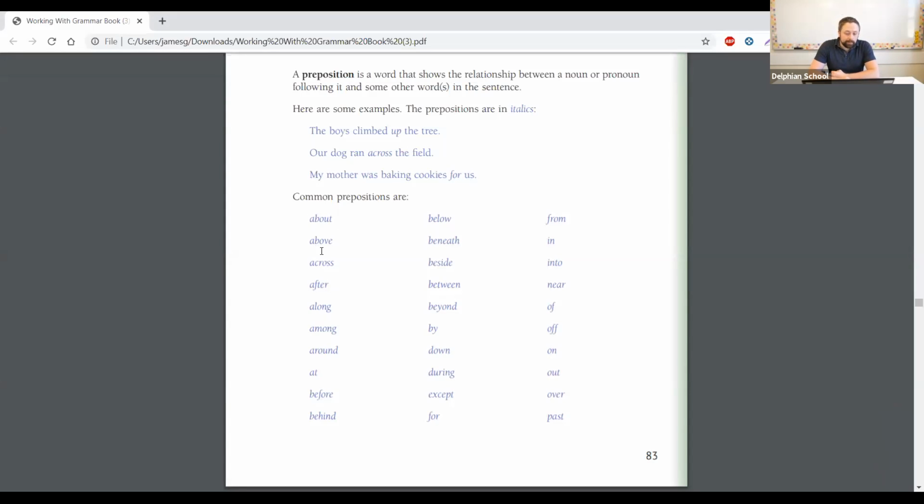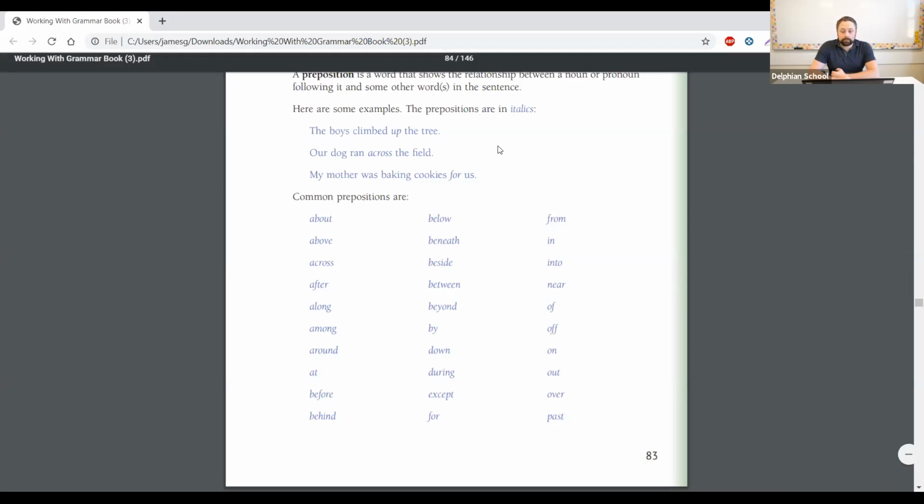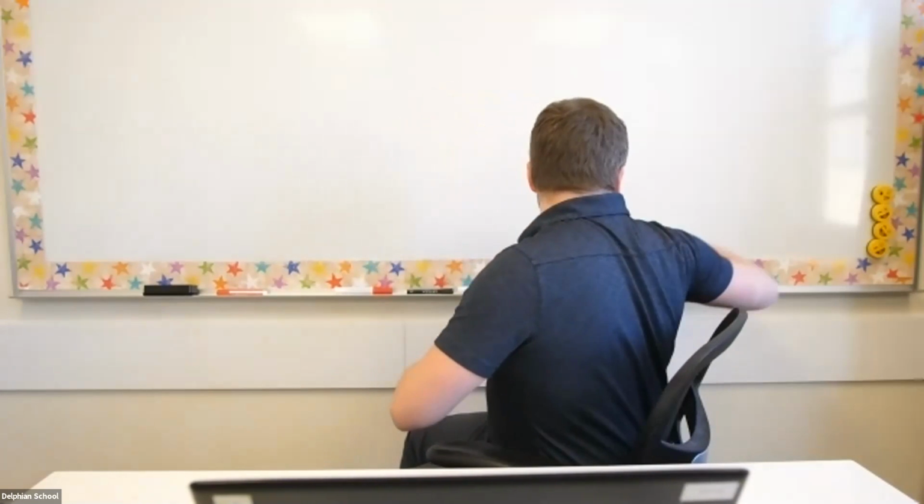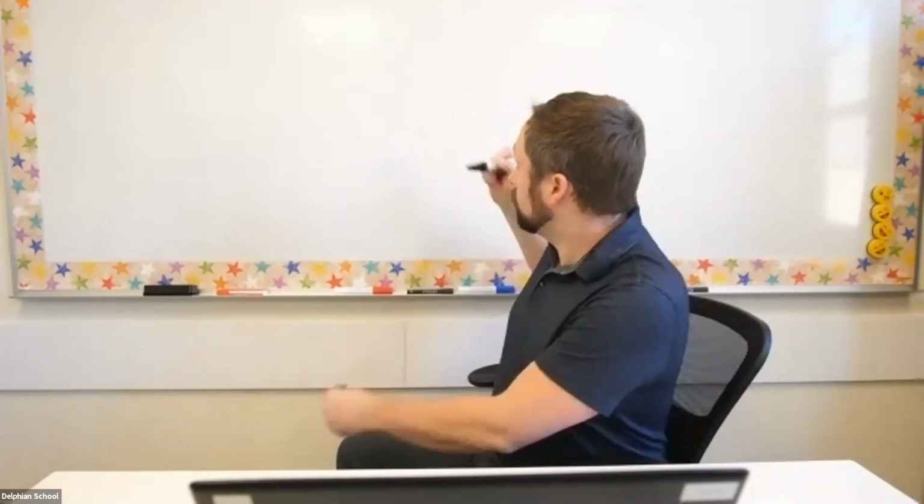About, above, across, after, along, among, around, at, before, behind, below, beneath, beside, between, and the list goes on. There's a lot of them. One thing you'll notice is a lot of times the relationship that these words are showing can be a physical relationship. So oftentimes the preposition might be showing, let's say we have a table here.